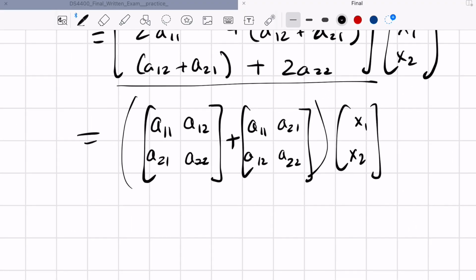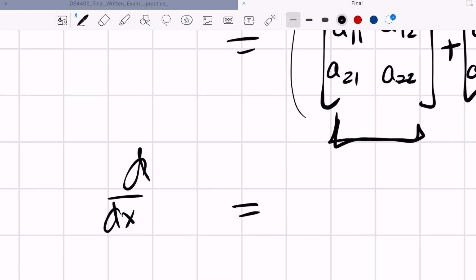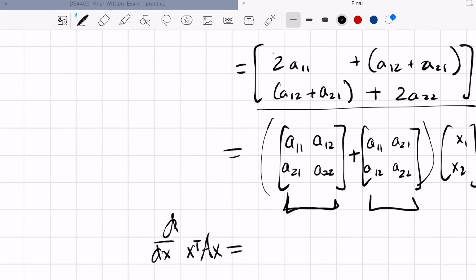If you notice, this is just A, and this is A transpose. So our final result is that d/dx of xᵀAx is simply (A plus Aᵀ)x.